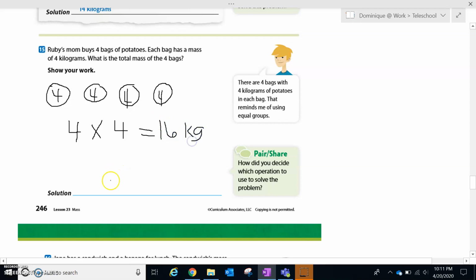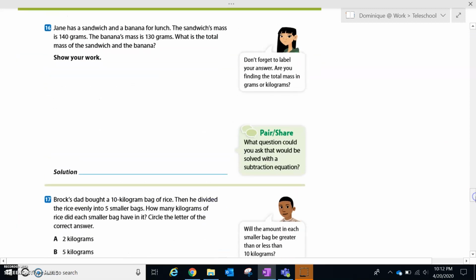Alright, so the total mass, our solution, is 16 kilograms. Good job. Again, pause the video if you need to finish your work.